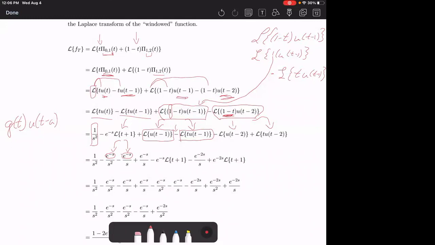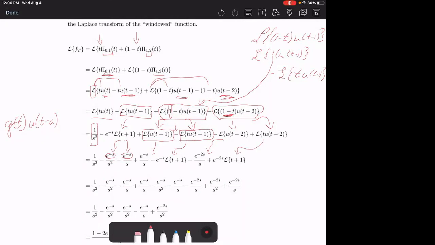The Laplacian of u of t minus 1, that's e to the negative s over s. The Laplacian of t times u of t minus 1 is e to the negative s times the Laplacian of t plus 1. We've actually already solved that in a previous step earlier. The Laplacian of u of t minus 2 is right here. And the Laplacian of t u of t minus 2 is right here.